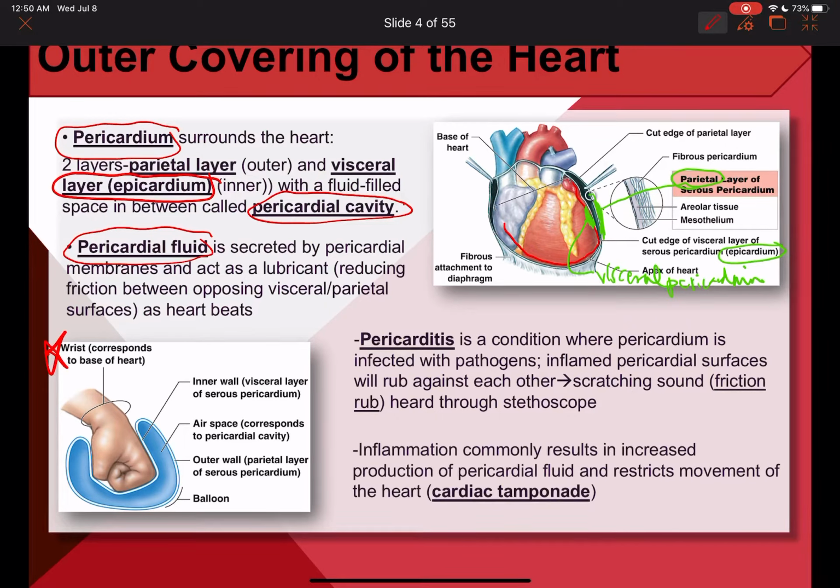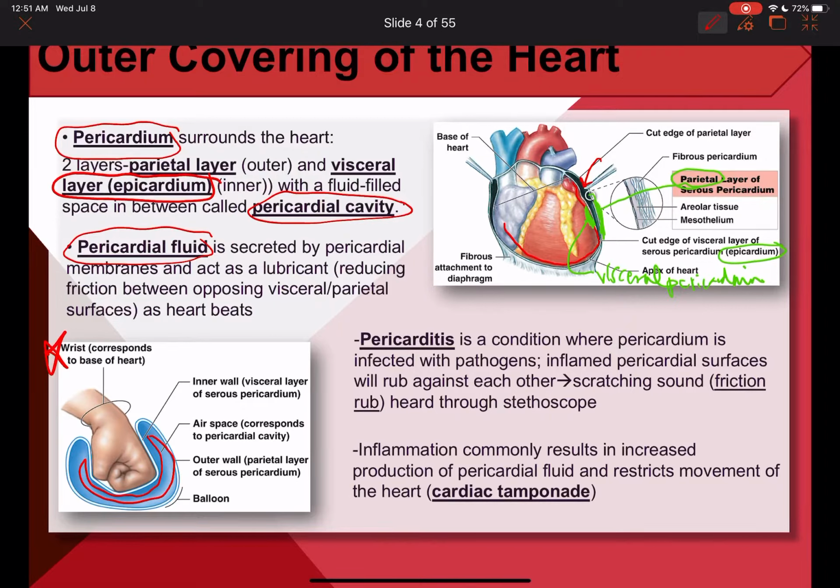The trouble with pericarditis is that it commonly results in increased production of pericardial fluid within the pericardium. Imagine this is supposed to be this thin layer right here that is supposed to allow the capacity of the heart to expand. This space is supposed to be not very big.